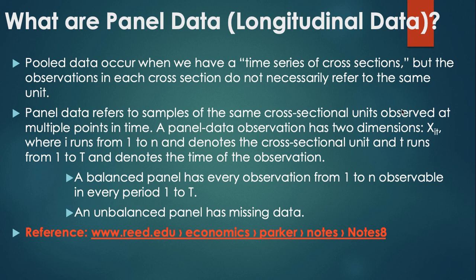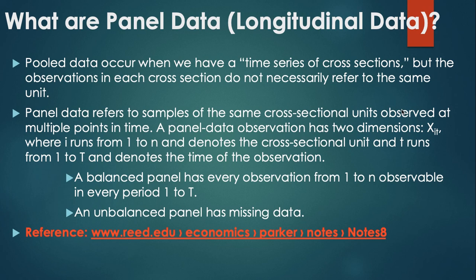So you may collect data several times, but not from the same respondents or the same companies. But panel data refers to samples of the same cross-sectional units observed at multiple points in time. That means you collect the data, let's say a survey, then after 6 months you go to the same people, another 6 months you go to the same people, and it's like that.